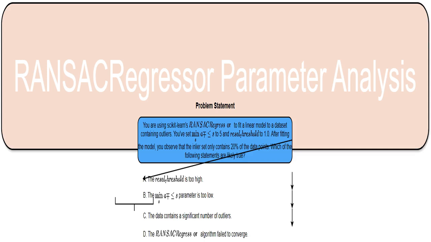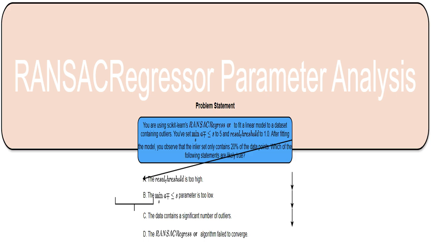I see RANSACRegressor, that's scikit-learn's algorithm for fitting models to data with outliers. The analysis here focuses on how the parameters min_samples and residual_threshold influence the algorithm's performance, specifically affecting the number of data points identified as inliers.